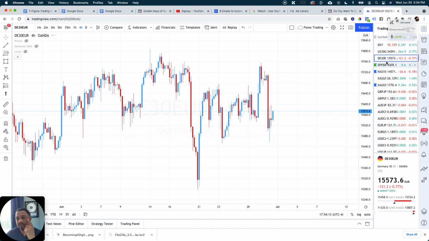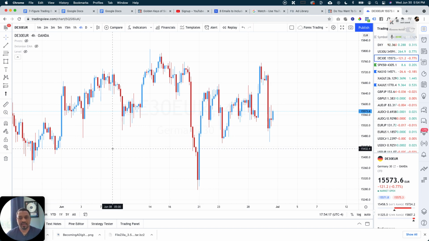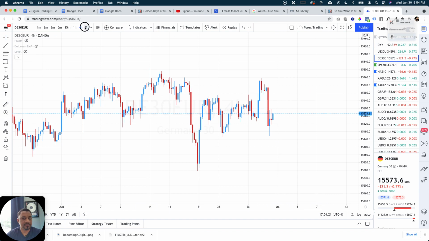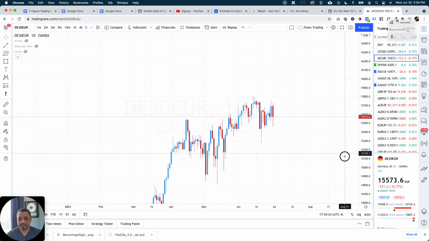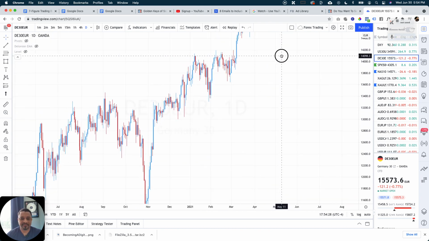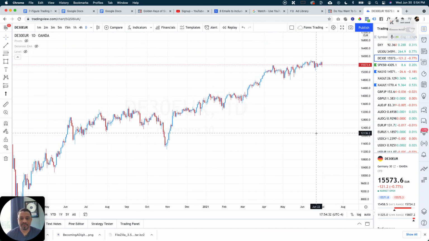There are times where I'm uncertain about what I want to do, so I just leave the markets as they are, and then I come back later. German 30 is on a massive uptrend.